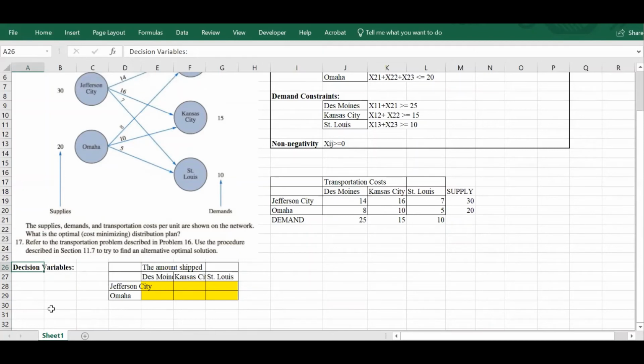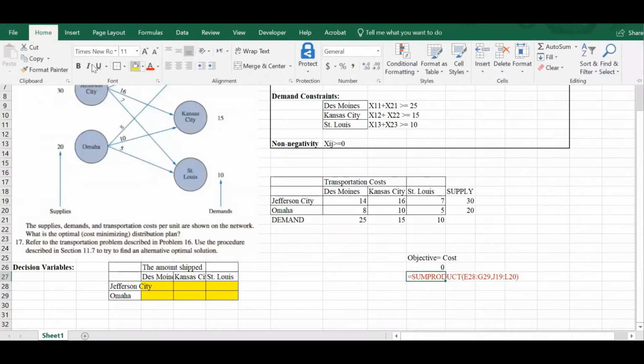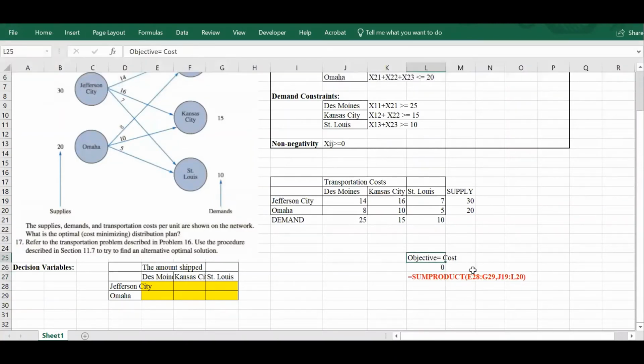So decision variables, objective function would be, or you know what, objective, I just put it here, objective equals cost, and that would be the sum product of the decision variables with the transportation cost, comma, the transportation cost, so that would be the objective function.